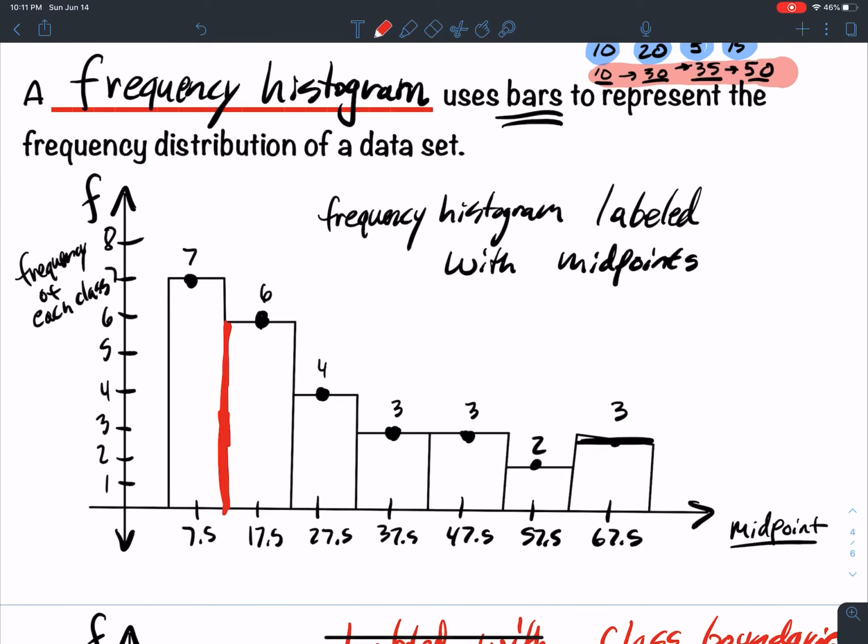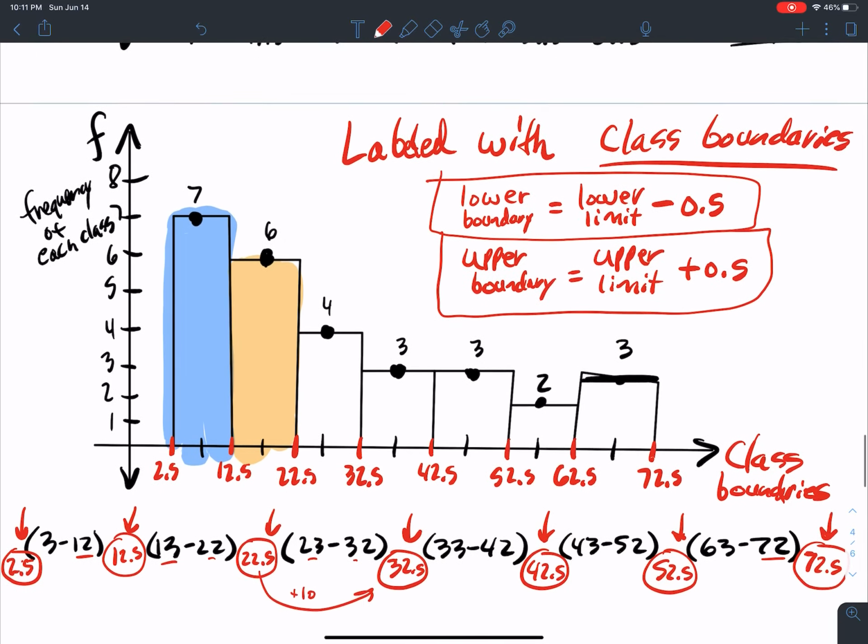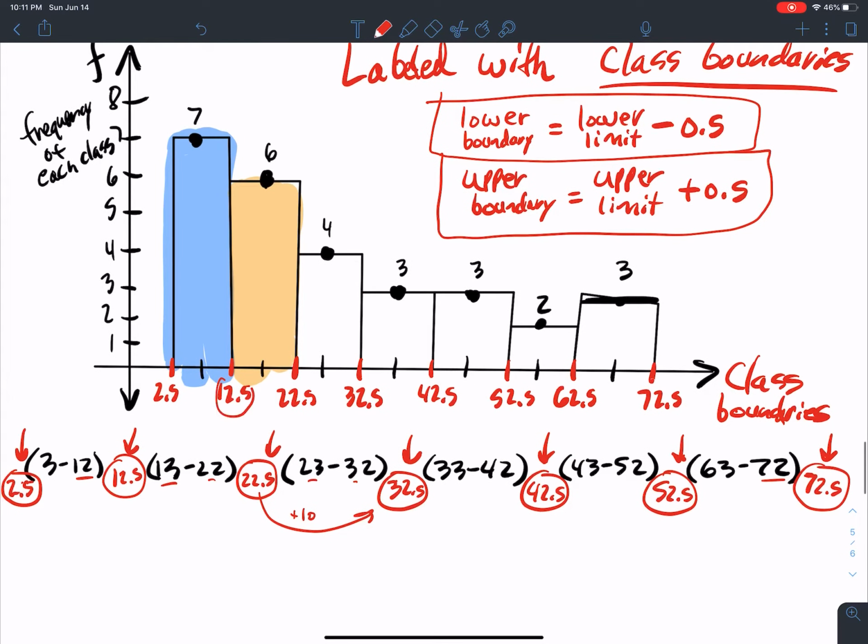So it's okay to have the same upper boundary as a lower boundary for another class. For that first class, the upper boundary is 12.5, and for the second class, the lower boundary is the same 12.5, and that's okay.